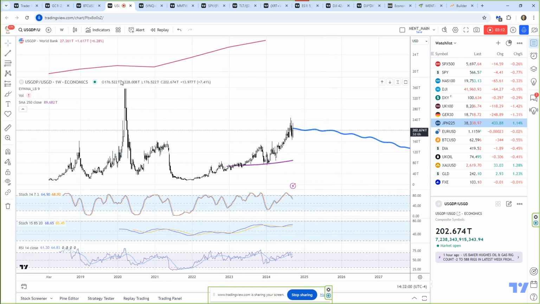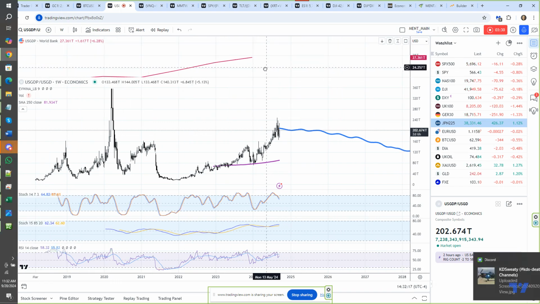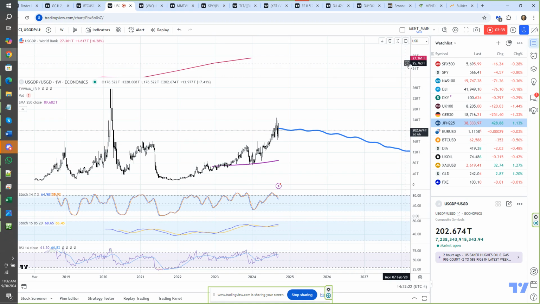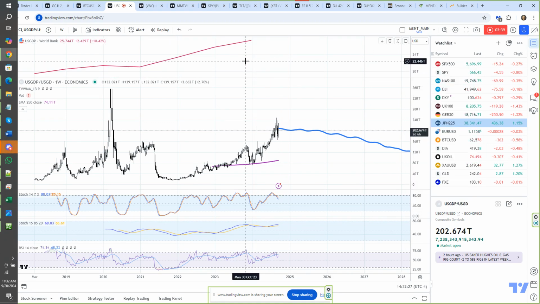You can see that the GDP ratio, World Bank, US has continued to climb since COVID. We've gone from essentially 21 trillion up to close to 30 trillion, I would assume. Yep, 28 trillion, 27 trillion. So we're getting a big rally in GDP throughout this scenario while debt is increasing, or sustaining itself moderately.